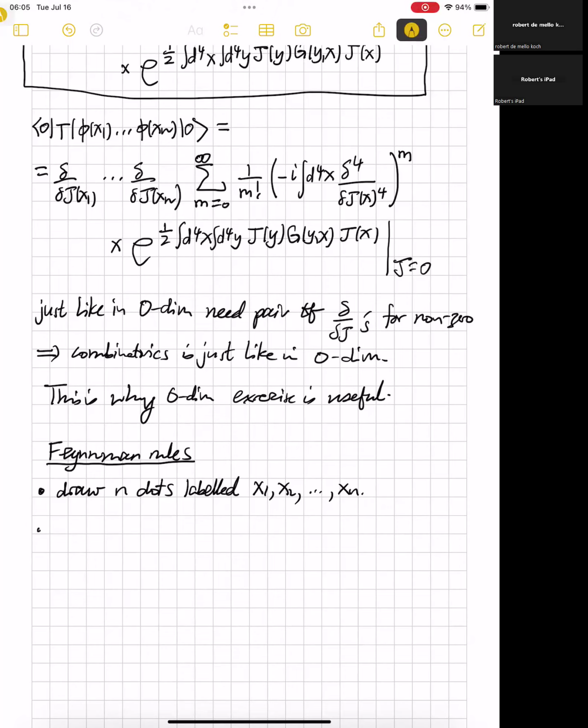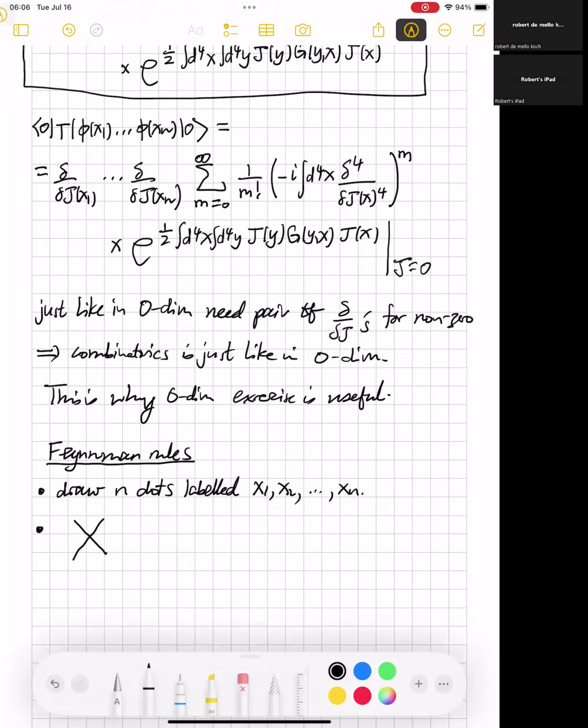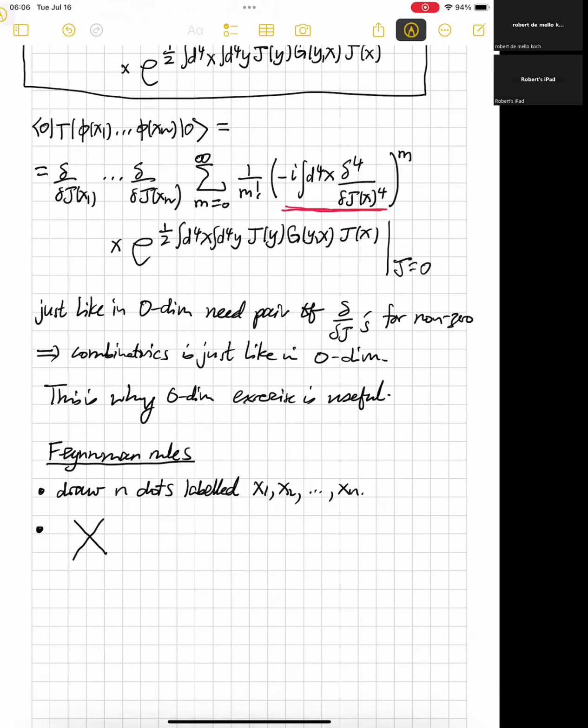Then, what's the rule for the vertex? So here's the vertex. Now, where is the vertex coming from? Well, the vertex is what sits inside there, okay? So it shouldn't come as a shock to you that the rule for the vertex is the following. The vertex is given by, now it's a minus ig, okay? So you can see there's an i sitting in there, so that's new.